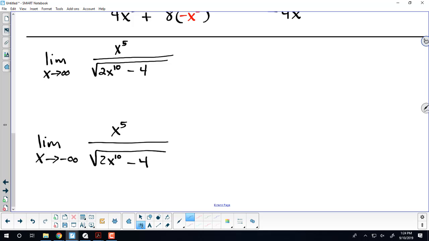What we're thinking about on the side is, well, let's make this a little bit easier. The highest power of x in the denominator is the square root of x to the 10th.